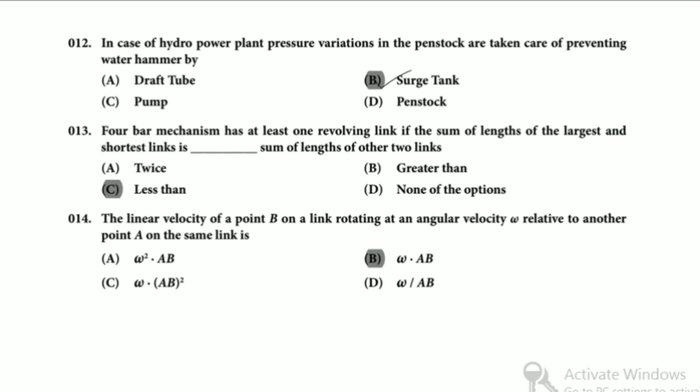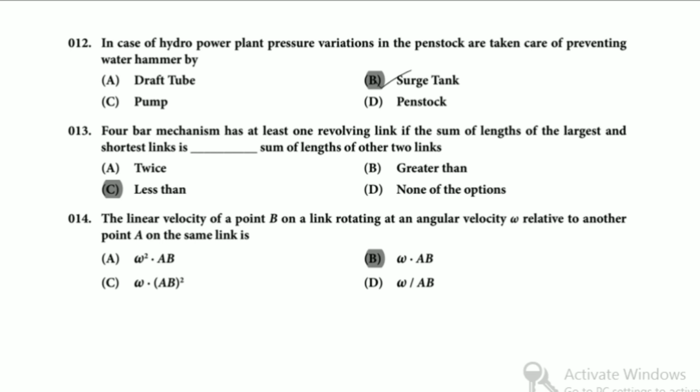Number 13. A four bar mechanism has at least one revolving link if the sum of the lengths of the largest and shortest link is dash the sum of the lengths of the other two links. So here the options are twice, greater than, less than, and none of the options, right?